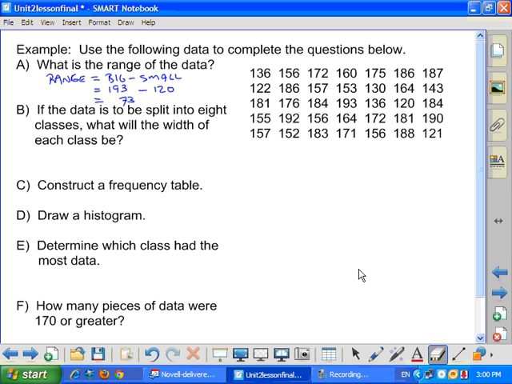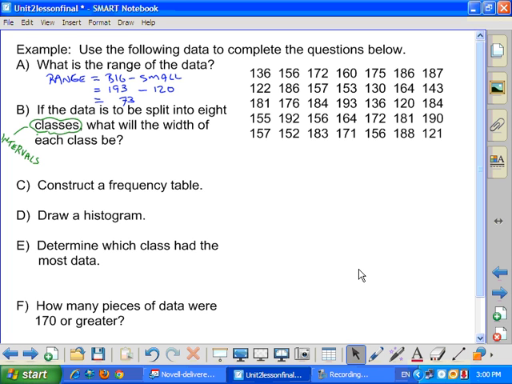All right. If the data is to be split into 8 classes or 8 intervals, it also means intervals. What is the width of each class?